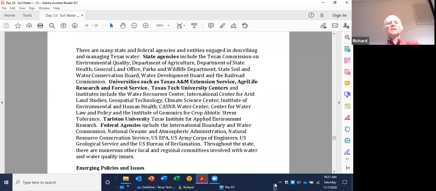There are many state and federal agencies and entities engaged in describing and managing Texas water. The Texas state agencies are the Texas Commission on Environmental Quality, TCEQ I mentioned, Texas Department of Agriculture, Department of State Health, the General Land Office, Parks and Wildlife Department, State Soil and Water Conservation Board, the Water Development Board, the Railroad Commission.